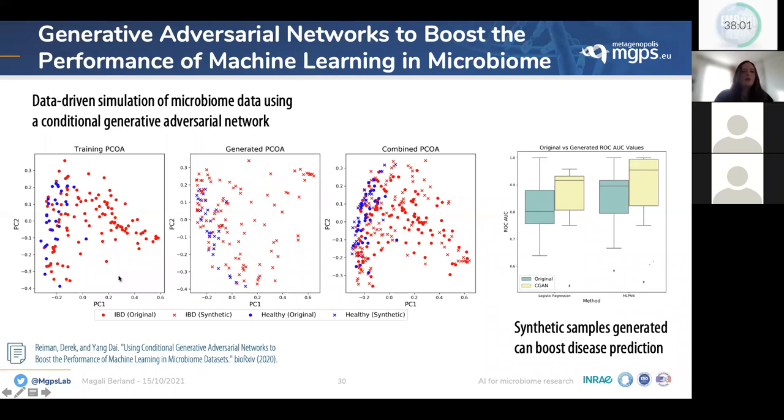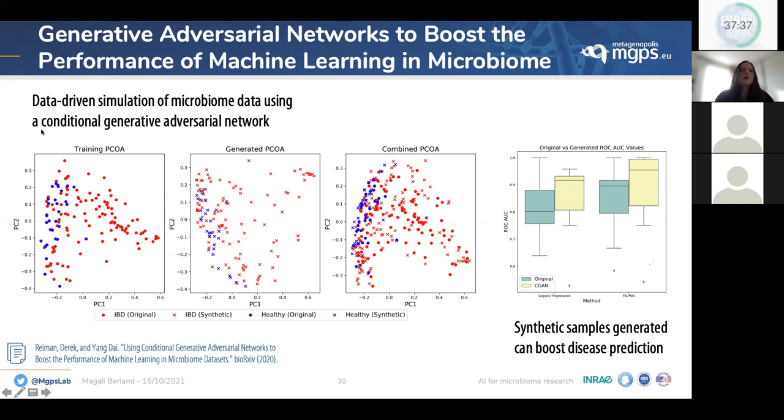It's a preprint, not yet published, but I find the approach quite interesting. They used the algorithm not to make predictions, but to generate simulated data that really look close to the original data.